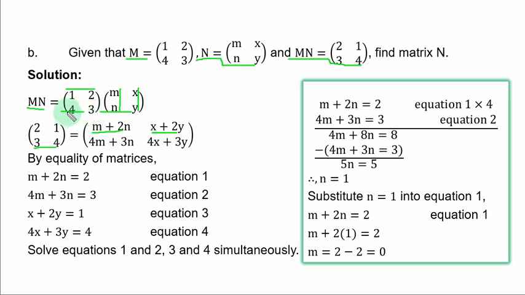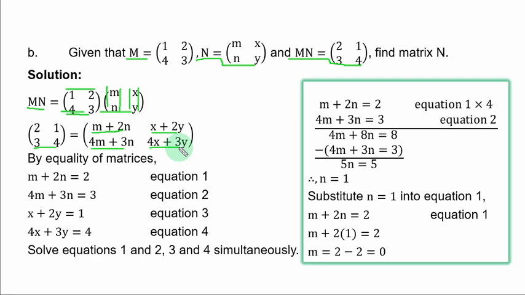You use the second row to multiply the first column. That is 4 times m plus 3 times n in this form, and the same second row times the second column, and that is 4 times s plus 3 times y in this manner.